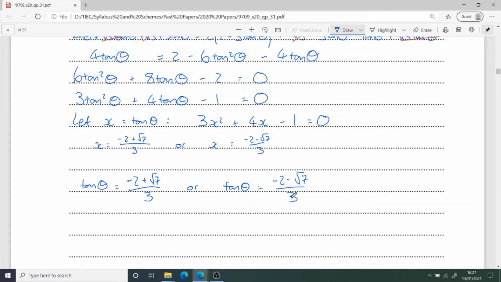So inverse tan of minus 2 plus root 7 divided by 3. So our principal value for this one is 12.1. It's in degrees, so we're going to leave it to one decimal place. And for this one, 57.1.